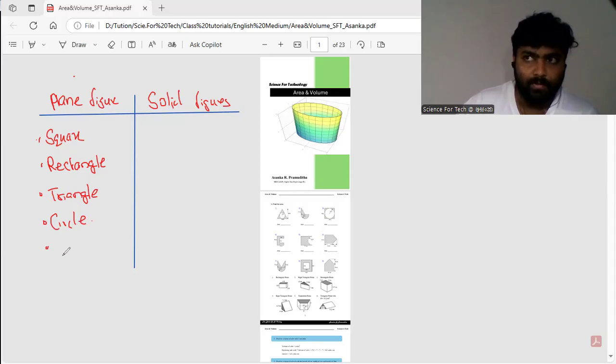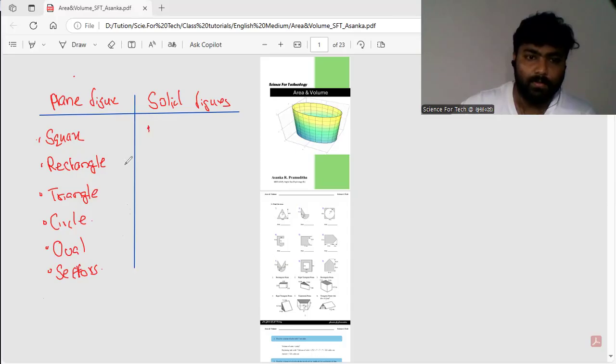Oval. We don't have oval in our syllabus, but it's okay. Then do you know something about sectors?